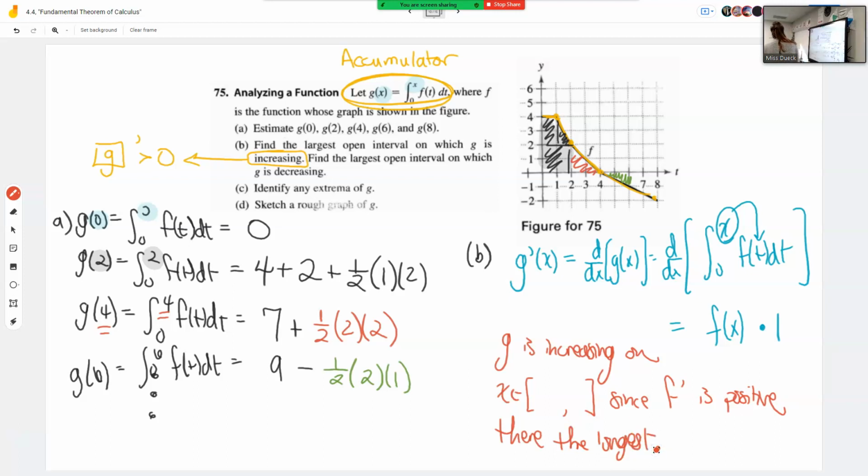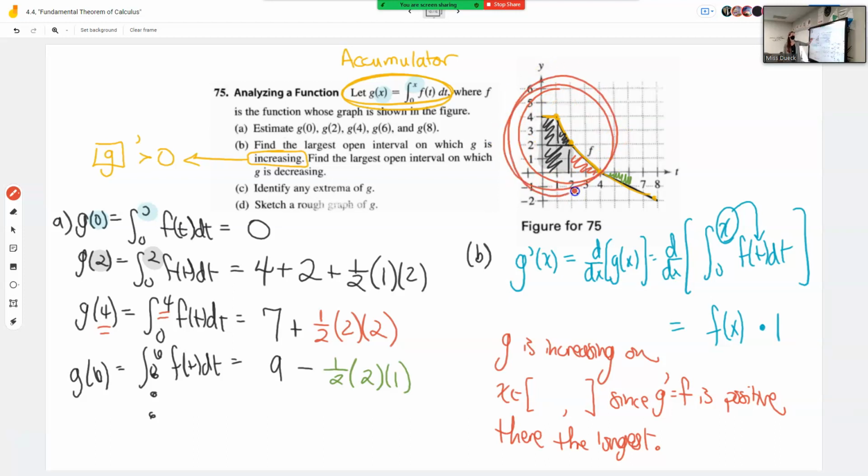I probably should have said that earlier. But I'm looking for where, no, not f prime. I need G prime to be positive. So G prime, which equals f, to be positive. And the question is, where is G prime, where is f positive?